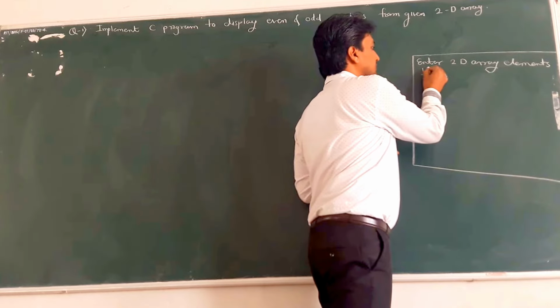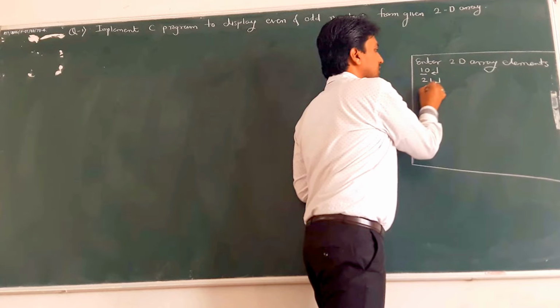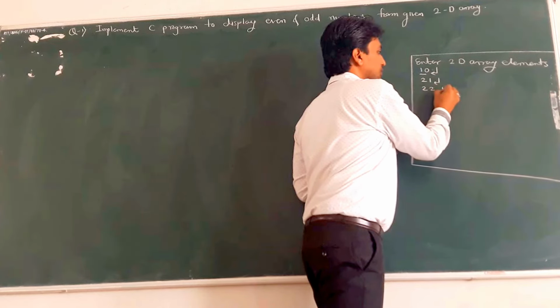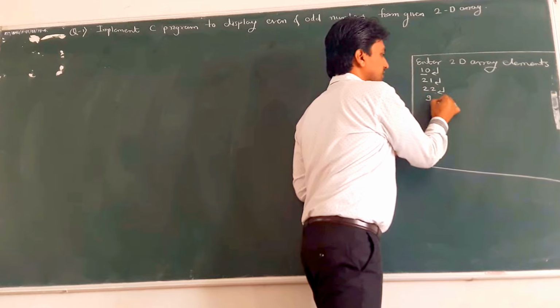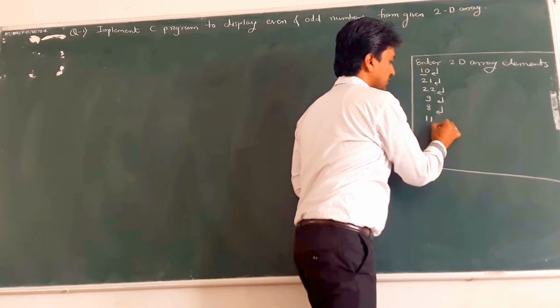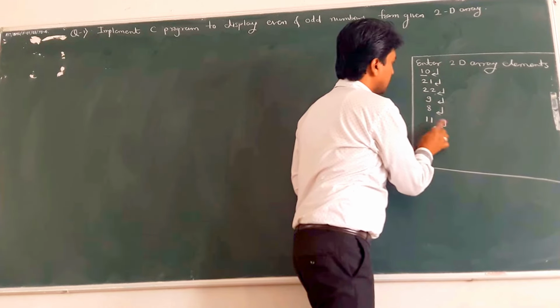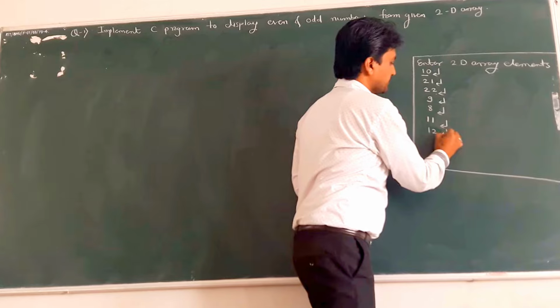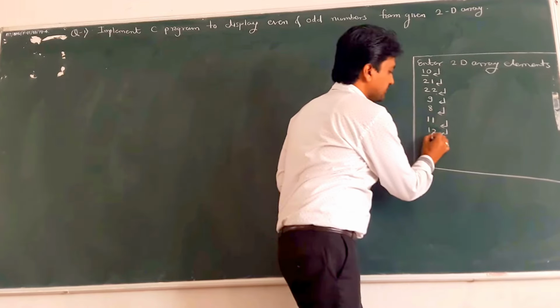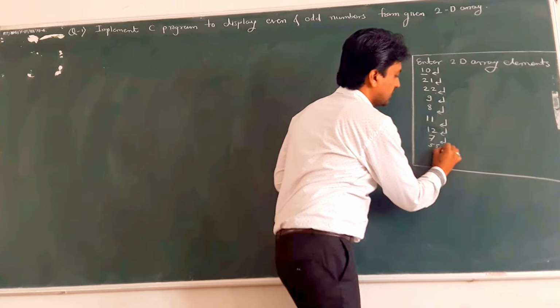Okay. The next thing is to scan the 9 elements. Suppose the user enters 10 as the first element, then the second as 21, third element 22, next 9, then 8, then 11, then 22, then 12, then 7, then 55.